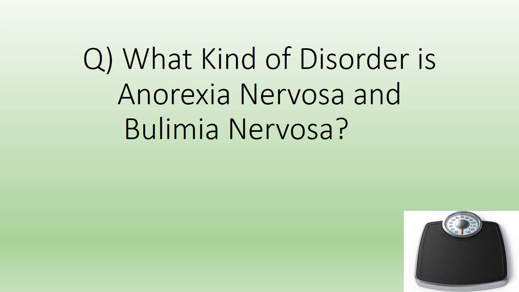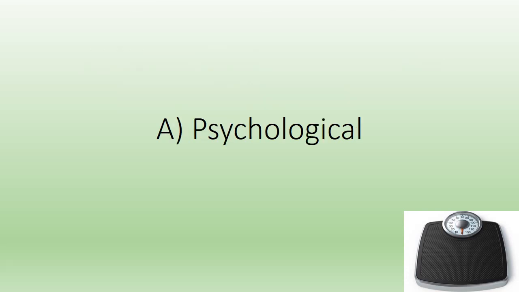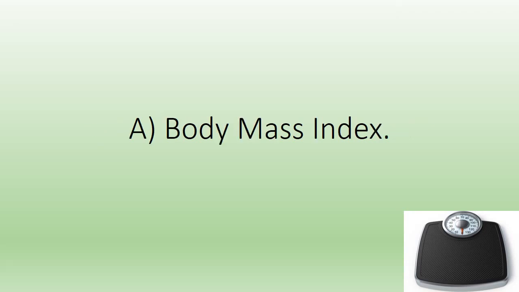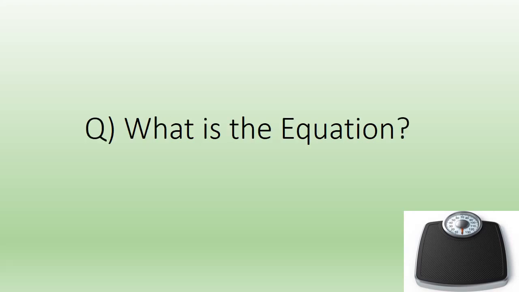What kind of disorder is anorexia? Psychological. What does BMI mean? Body mass index. What is the equation?